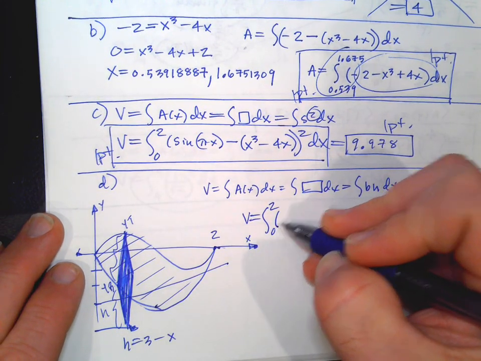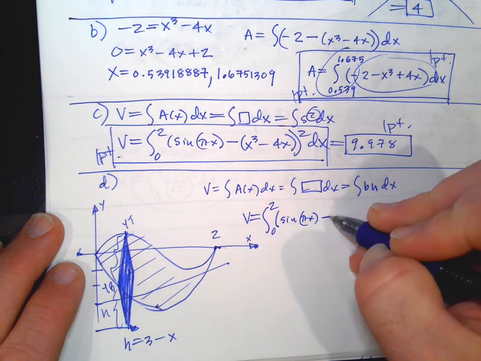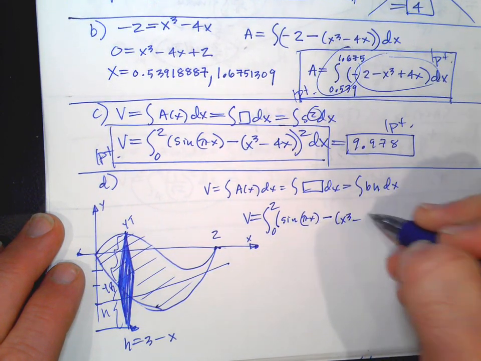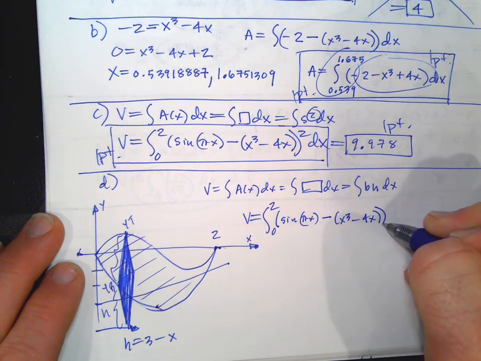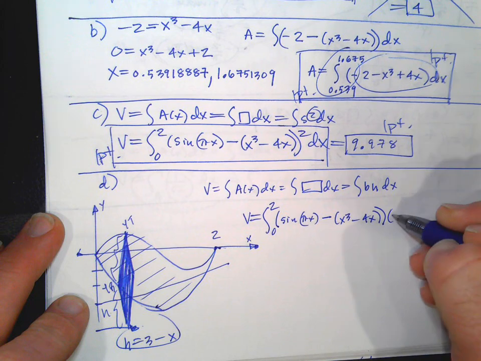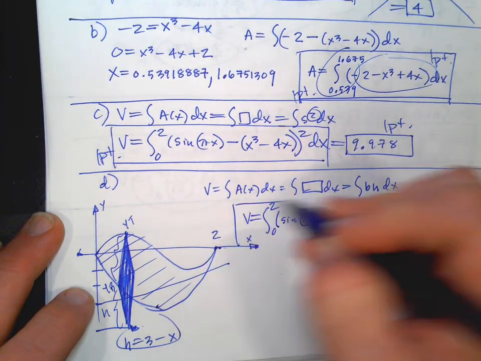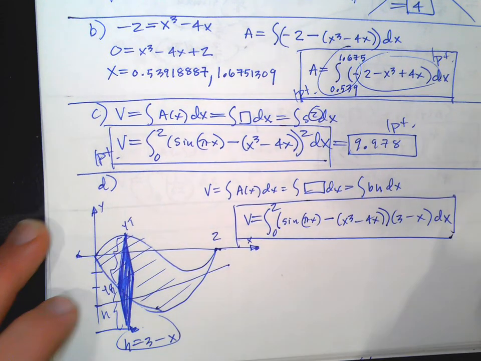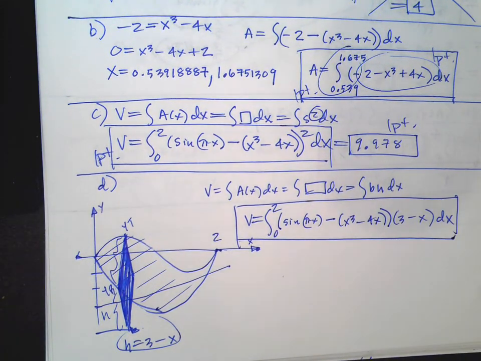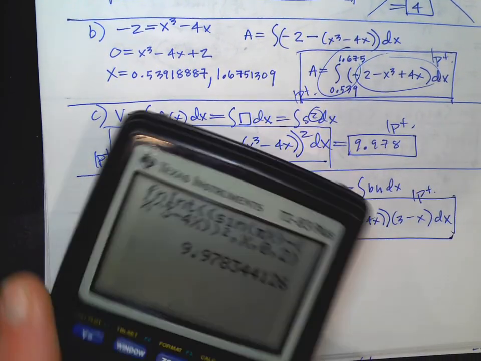So y top was sine pi x, y bottom was x cubed minus 4x. Be careful with all the parentheses. Okay, so that's the base. The height is the depth, 3 minus x, dx. So that's your setup. We are expected to find the answer. So the setup was a point. The answer is a point.